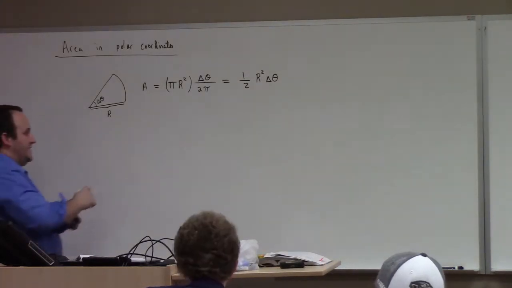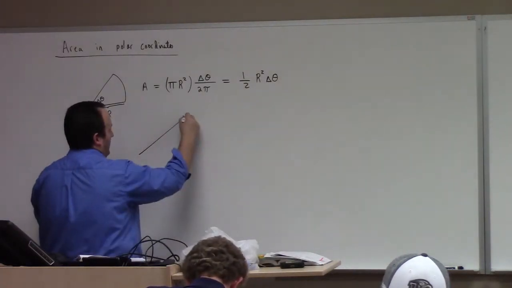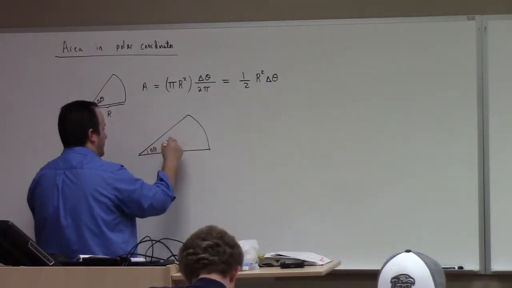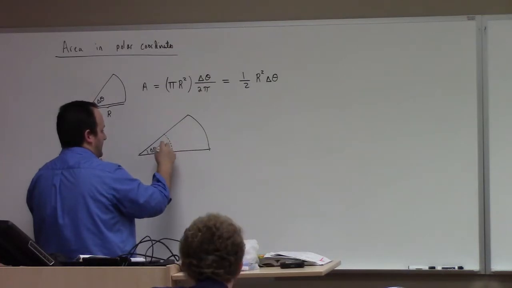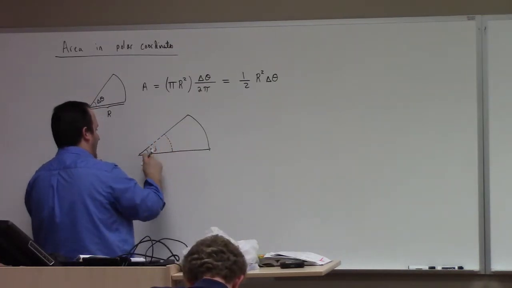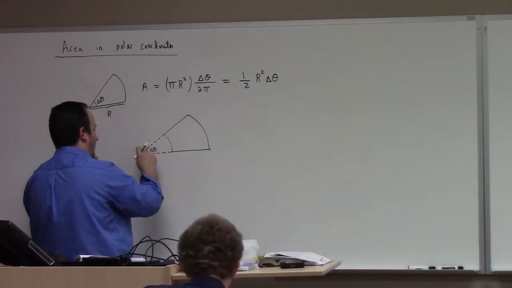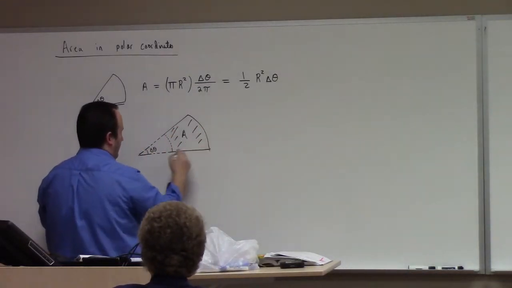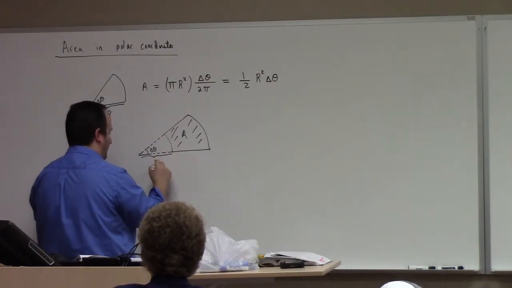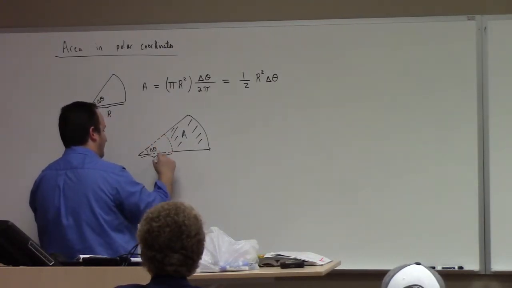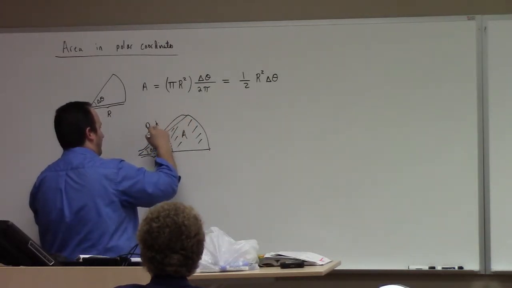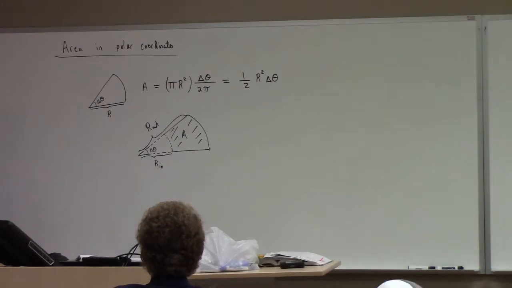So what if I was to calculate an area like this, again with delta theta, but suppose I cut this out, so I'm only trying to calculate the area of this piece in here. So this would be r in, and this would be the outer radius, r out. What would the area of this be?